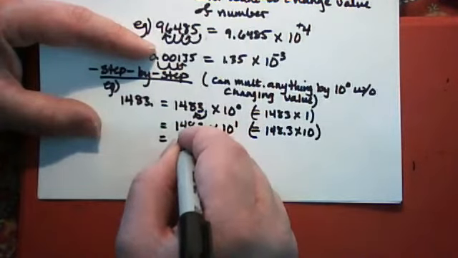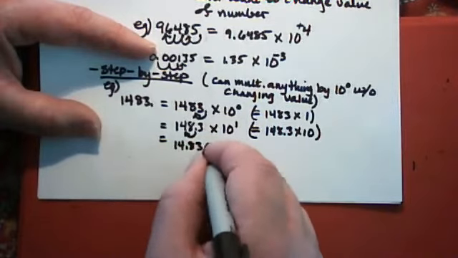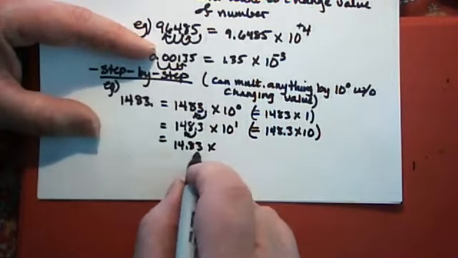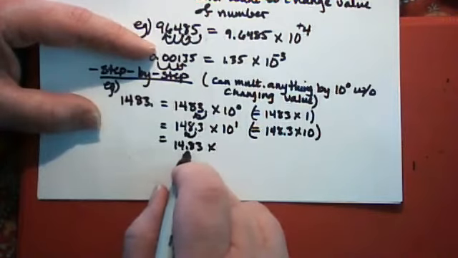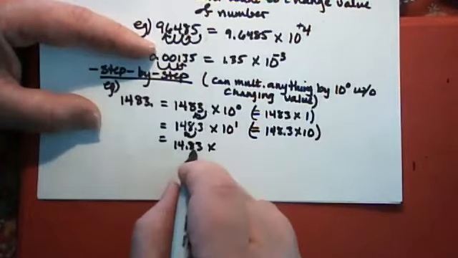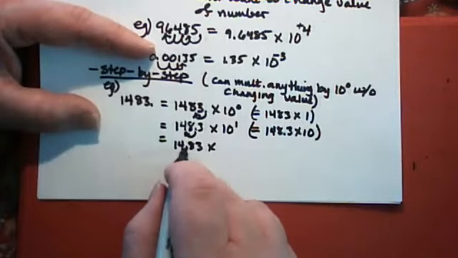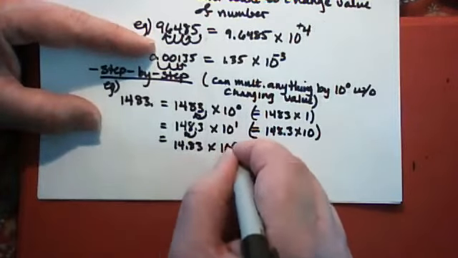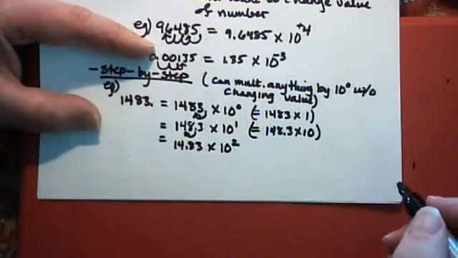Okay, we can try moving that decimal point one more space. 14.83 is closer to being between 1 and 10, but it's still not there yet. So we're not done, but we're closer. And we moved the decimal point one more space to the left, which made the first part of the number smaller again, which means the exponent has to get bigger again by 1.